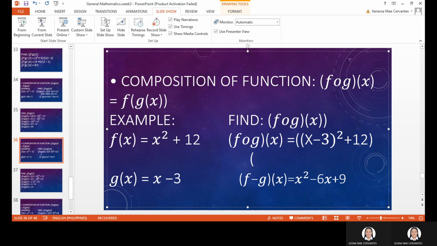Okay, so we have x minus 3 and another x minus 3, then plus 12.